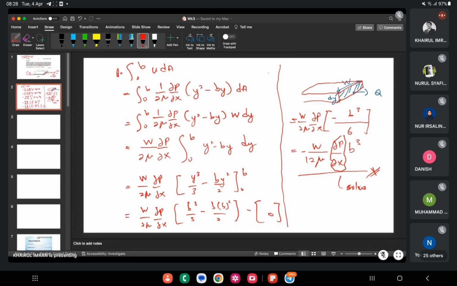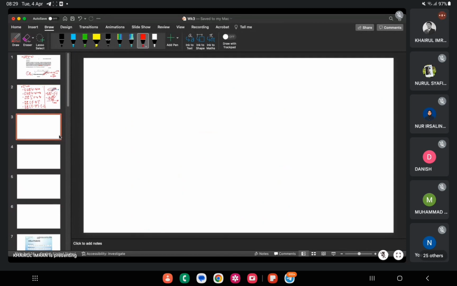Because later when we are going to put the values, del P over del X does not mean anything. Okay. So we're gonna solve it. Put the equation that can be substituted by value. Alright. So we are gonna proceed. So in terms of expression, certain. Now, if you want to have the actual value, we need to proceed with this.